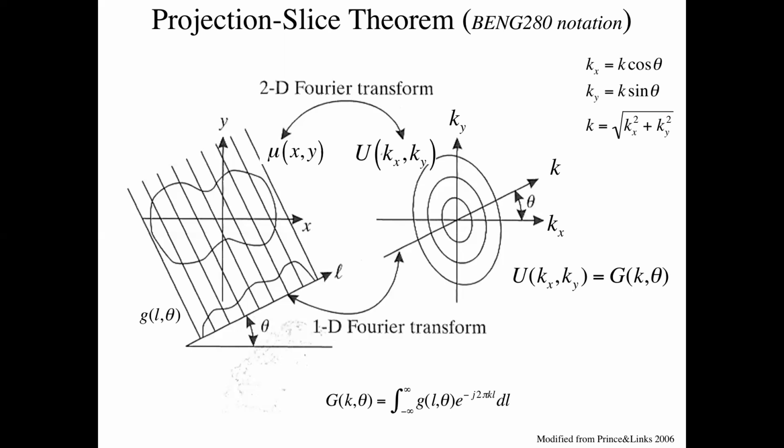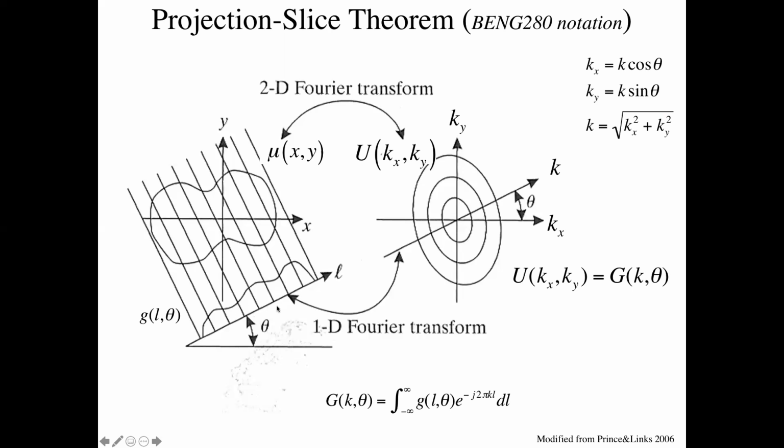The thing that's fascinating is that if I take projections through my image, right? These are the integration of the brightness as I move down this line, and I take all that brightness and integrate it up, and I measure it in my detector here. I get a one-dimensional function of these projections along my detector L at this projection angle theta.